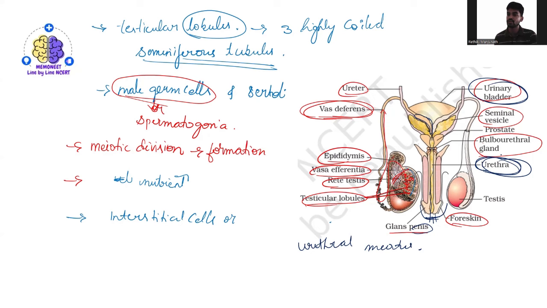From the vasa deferens, through the urethra, which extends from the urinary bladder to the penis, whatever the sperm or semen normally comes out of the penis. It is called the urethral meatus. So this is all about the testis structure and what it is composed of, and how the sperms come out from the testis.